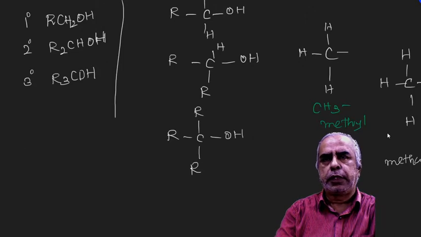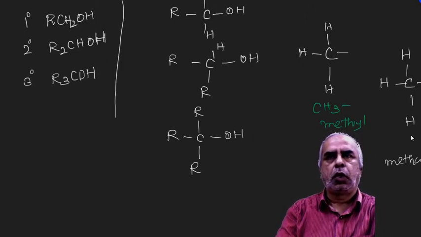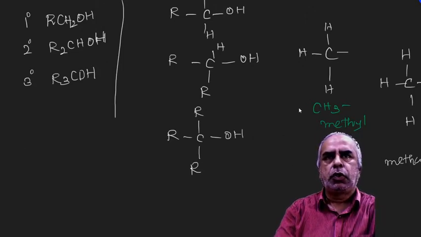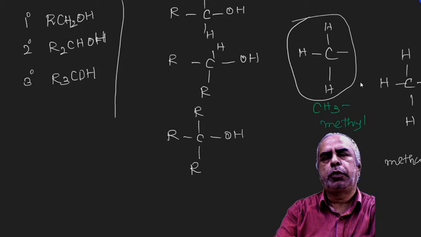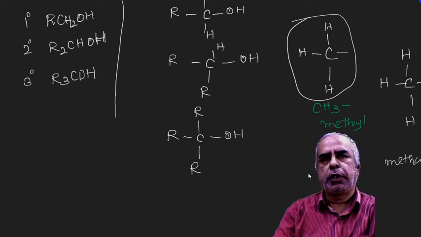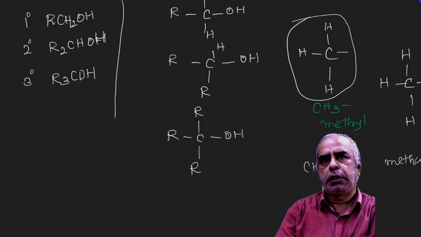Let me remove 1 hydrogen from this and put an alkyl group. The methyl group is an alkyl group, simply represented as CH3.